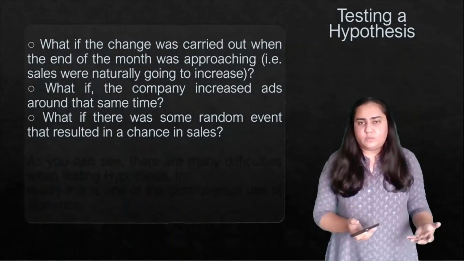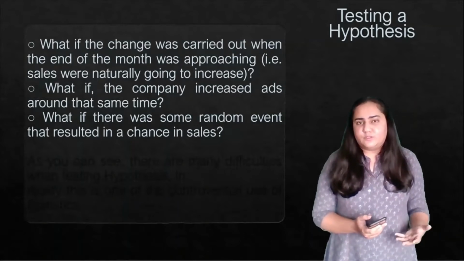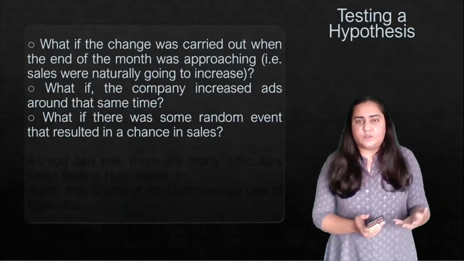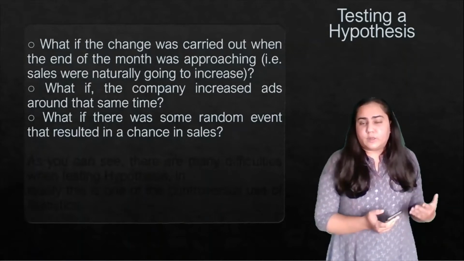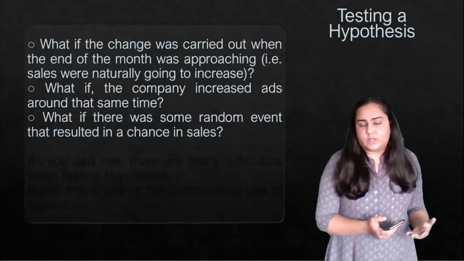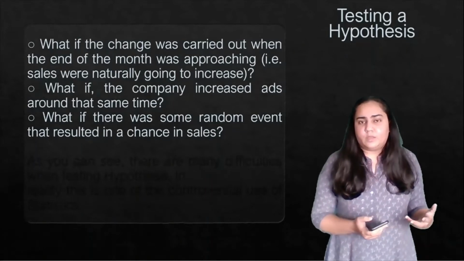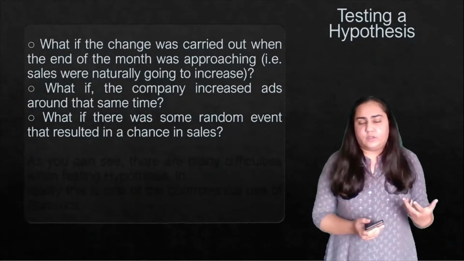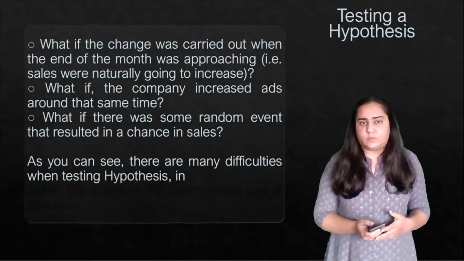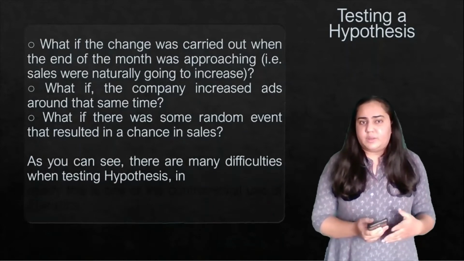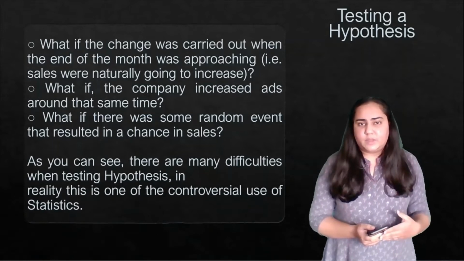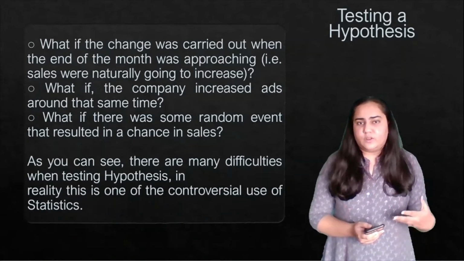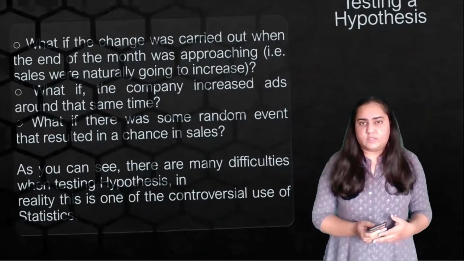There could be any random event occurring because of which the sales increased. So you need to prove that your sales increased because you changed the color of the cart button on your e-commerce site. There are many difficulties while testing a hypothesis in reality, and this is one of the controversies that you might face in statistics.